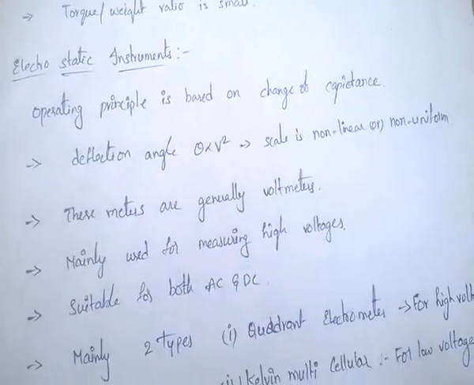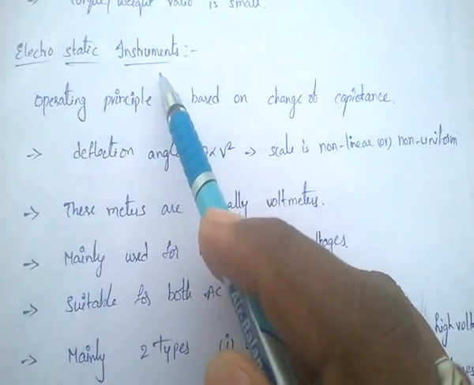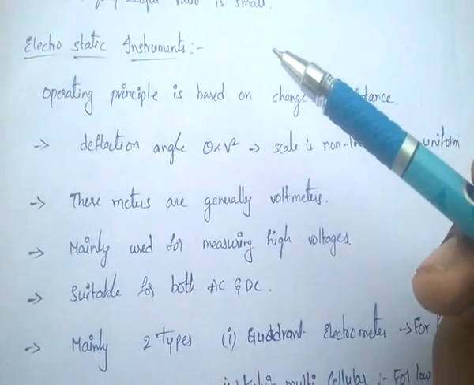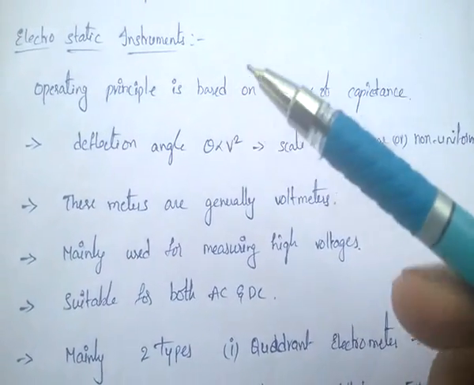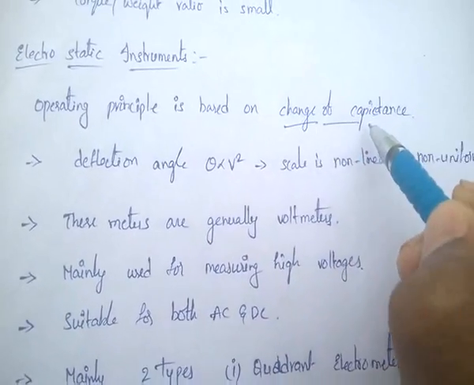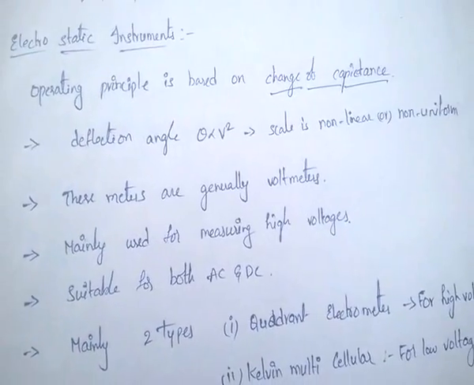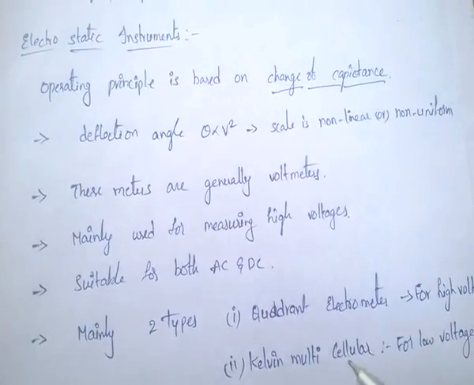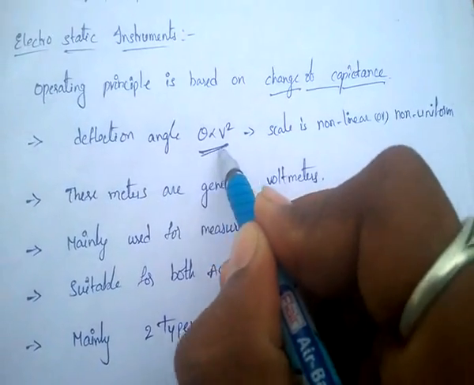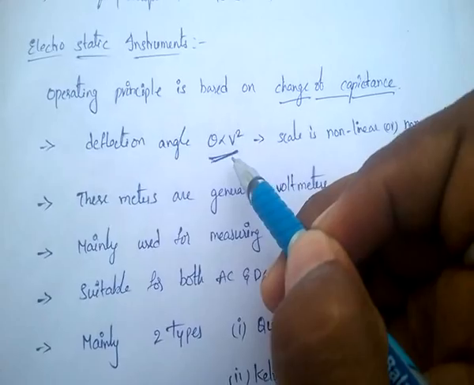Okay, next electrostatic instruments, a very important one. Electrostatic instruments are mainly used for high voltages. The operating principle is change of capacitance, that is the electrostatic effect. The deflection angle theta is proportional to V square, so it is mainly used to measure voltage values.